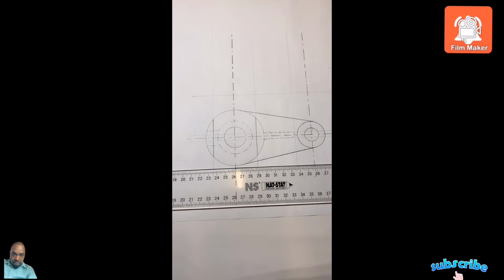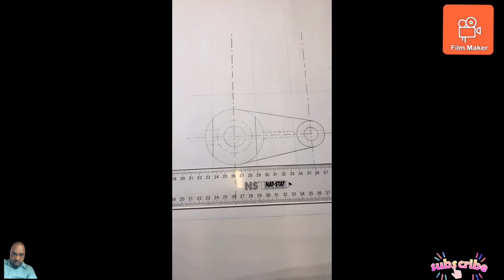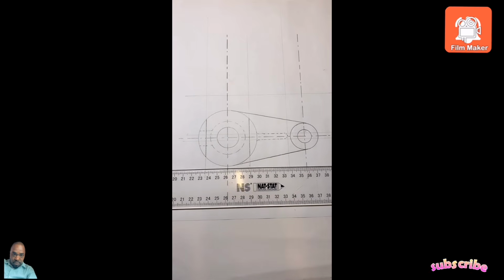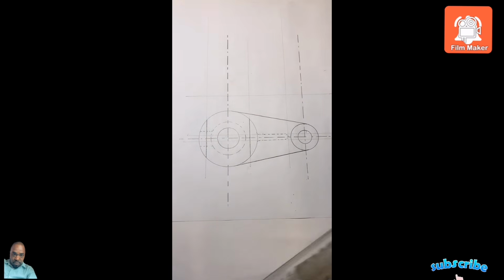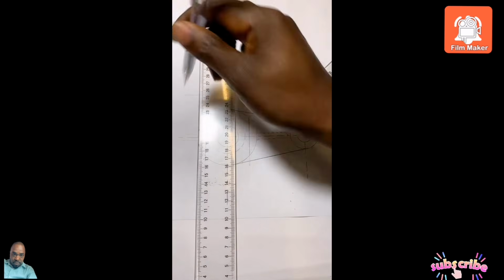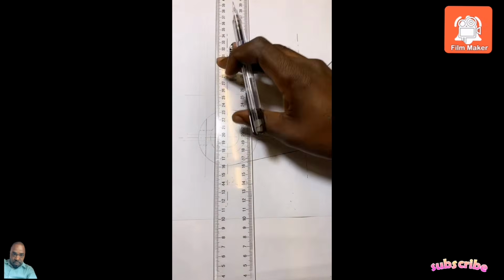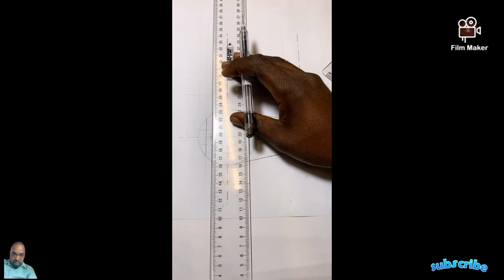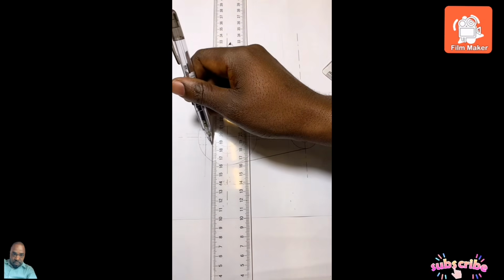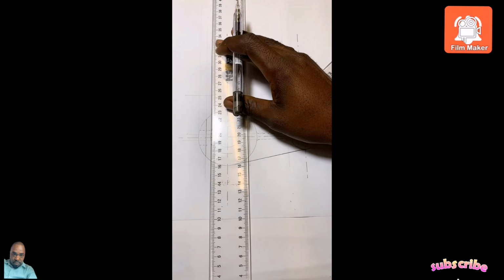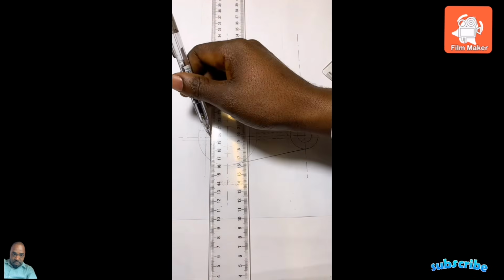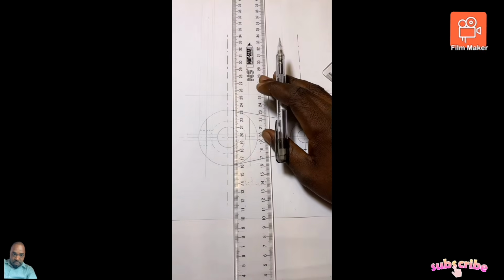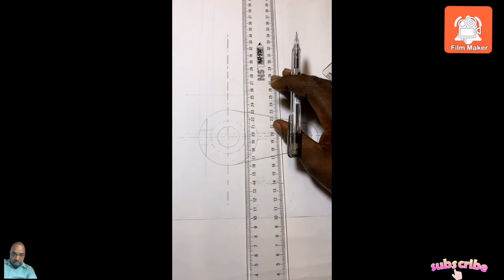So now I'm going to construct all the points that are existing on the vertical component, such as this one, project it up faint. This one is already there. This one, take it as well. This one, take it as well. You understand? You project them up faint, all of them.